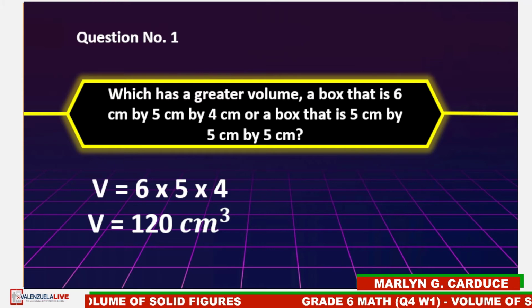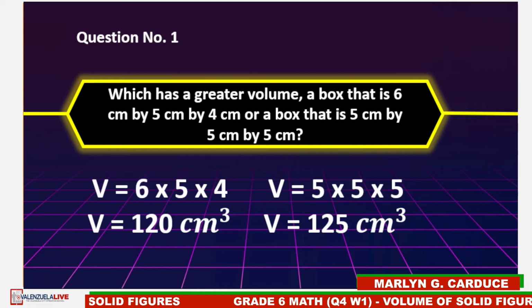If we solve for the volume of the two boxes, the first box, which has dimensions of 6 by 5 by 4, has a volume of 120 cubic centimeters, while the second box, with dimensions 5 by 5 by 5, just multiply the length, the width, and the height, and we will obtain 125 cubic centimeters as its volume. So therefore, the box that has a greater volume is the box that is 5 by 5 by 5.